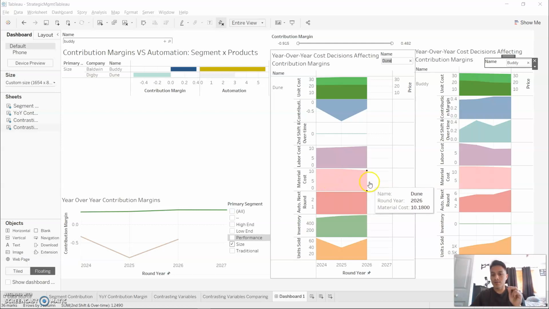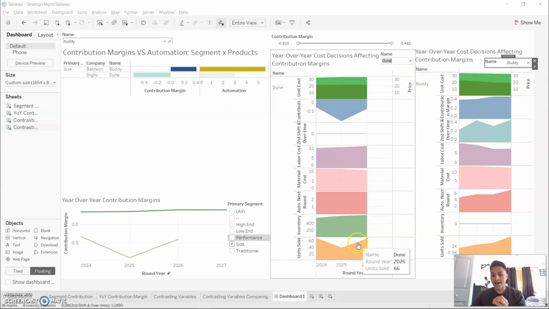But the one variable that is really affecting the contribution margin of Dune is the inventory. The company is paying a really high carrying cost for the inventory that didn't sell in each of those years.